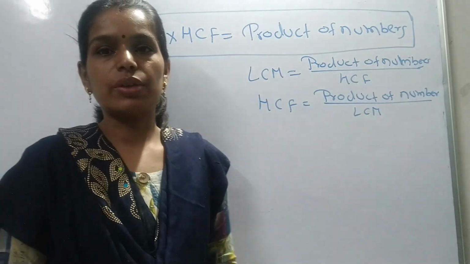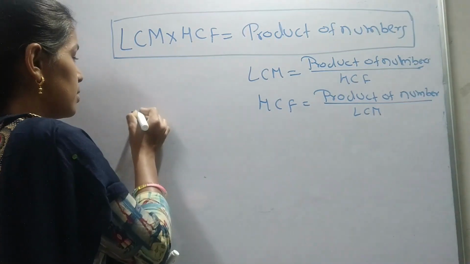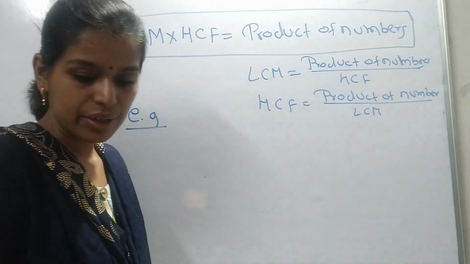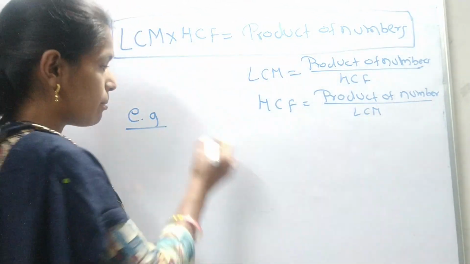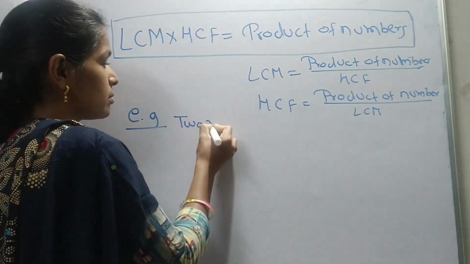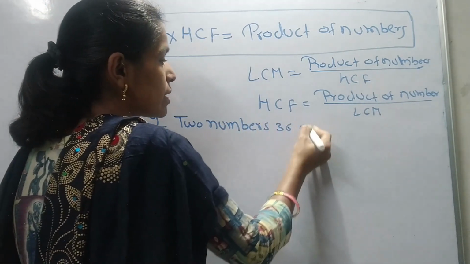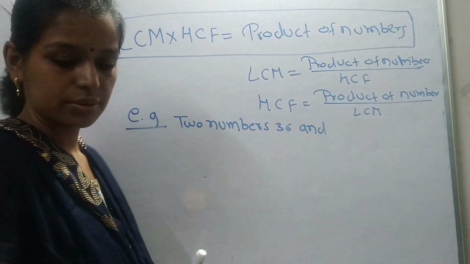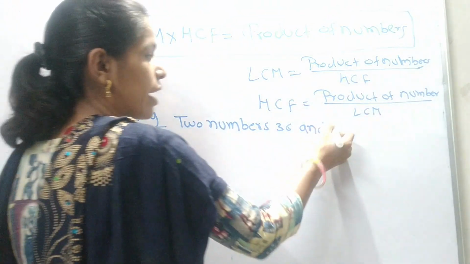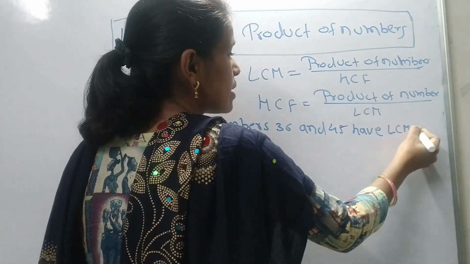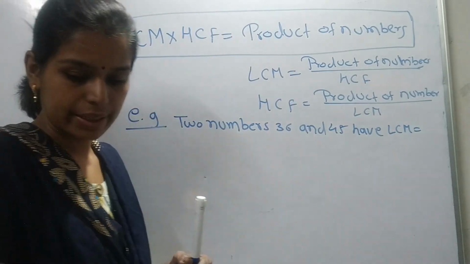Okay. Let's solve an example. In the example, you are given that the two numbers 36 and 45 have LCM equal to 180.